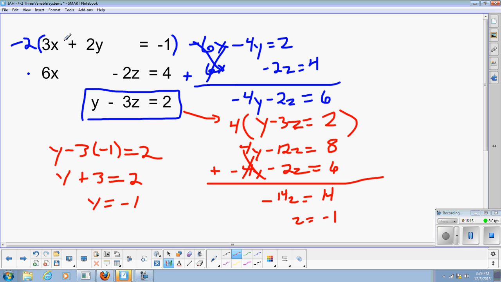Well, now what? Pick a number. I can put negative 1 in for z in this equation and solve for x. I can put negative 1 in for y up here and solve for x. I believe on this one, just to show you, I'm going to use the top equation. So I will have 3x plus 2 times negative 1 equals negative 1.